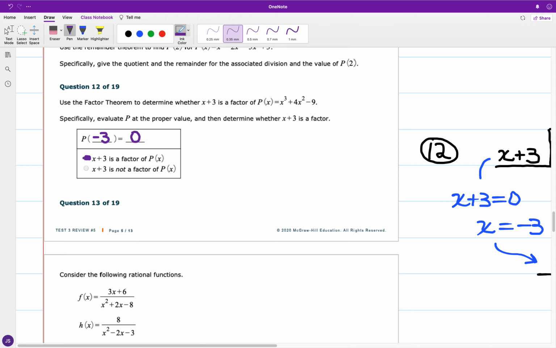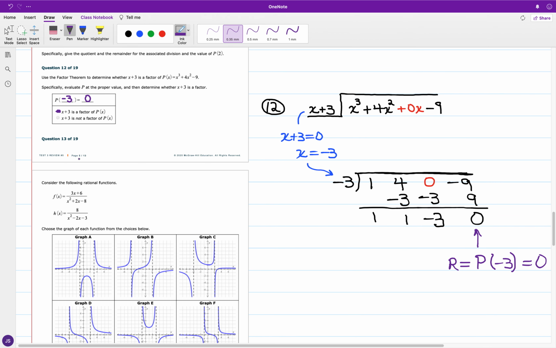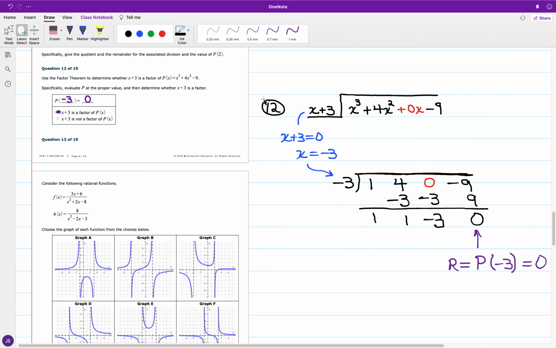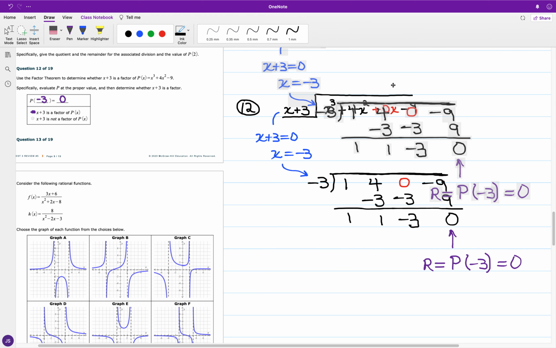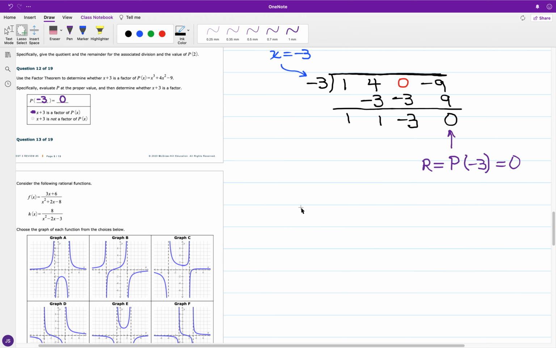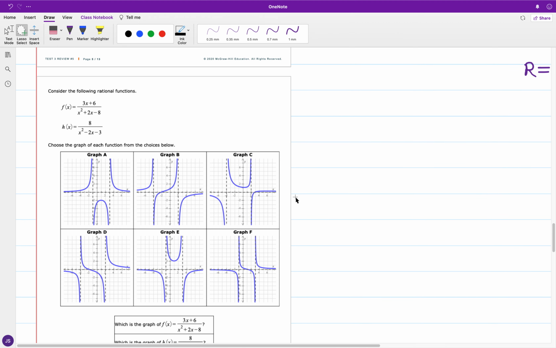All right, now looking at what we have in dealing with asymptotes, we have two rational functions, f of x and h of x, and we have graphs on display. We're looking at which of the graphs will come closest to matching f of x, and then the graph that will come closest to matching h of x.